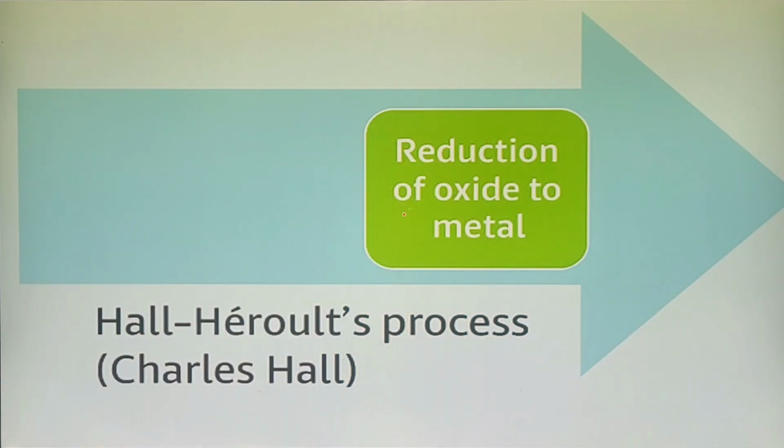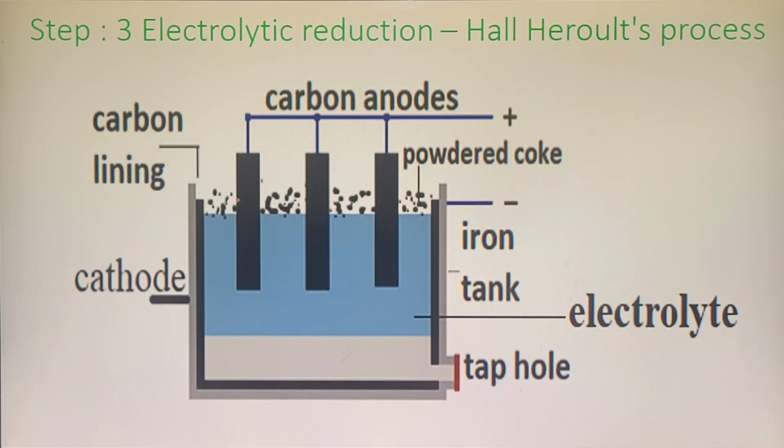Now one more thing you have to remember here. Can you see here? I have placed some powdered black substance in this electrolytic mixture. This powdered black substance is called coke. Now what is coke, children? Coke is nothing but again carbon.